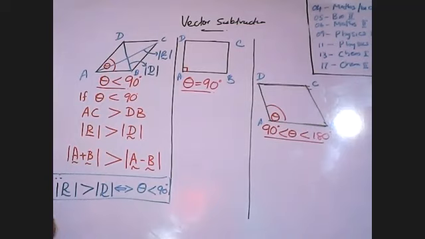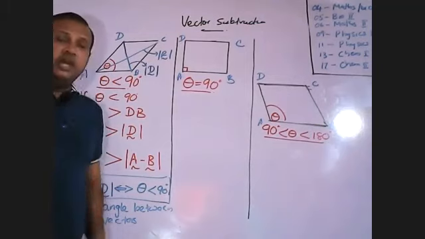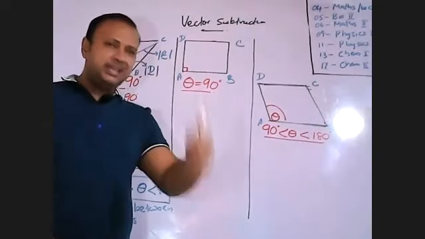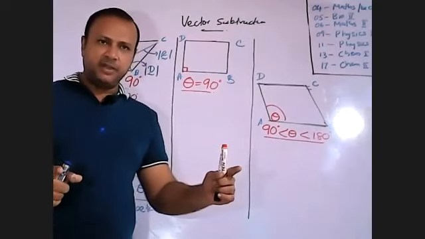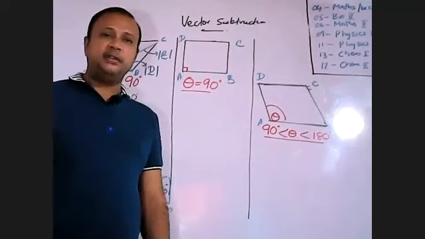Theta means the angle between two vectors. Therefore, if the angle between two vectors is an acute angle, the magnitude of the resultant vector should be greater than the magnitude of the difference.